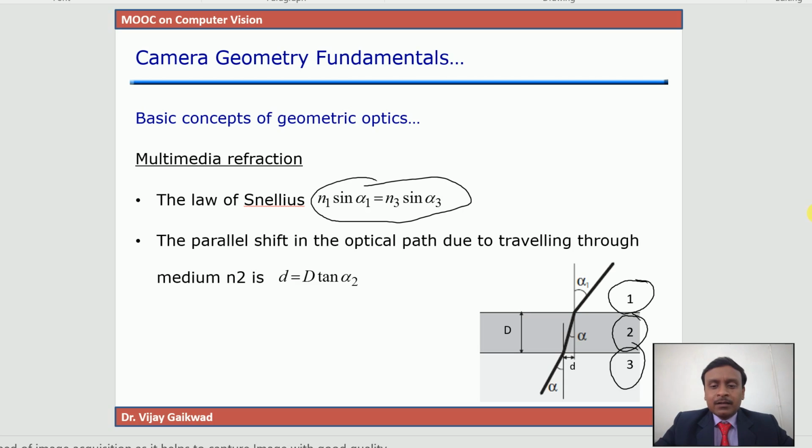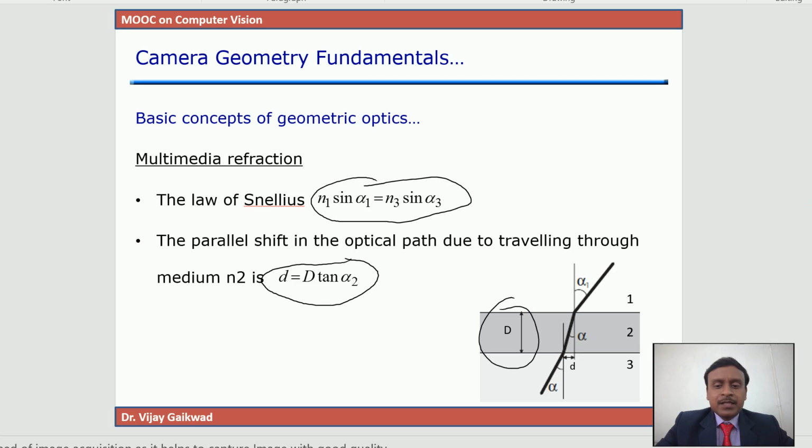When the light is traveling from medium 1 into medium 2 and in turn into medium 3, some parallel shift is observed. The parallel shift in this optical path due to the traveling path is given by d equal to capital D tan alpha 2, where small d is the parallel shift while capital D is the distance through which light is traveling via medium 2.